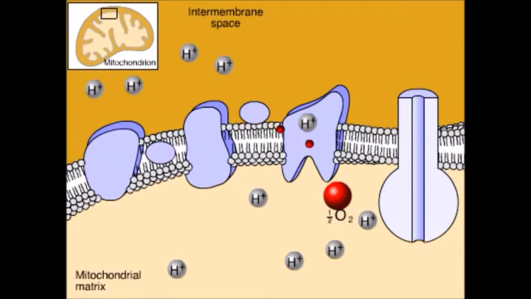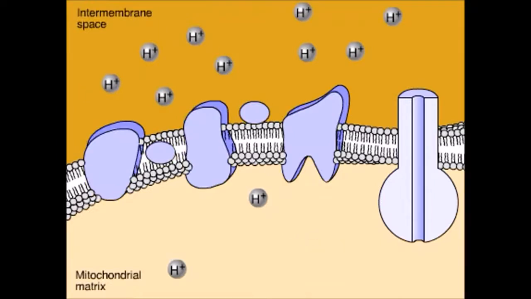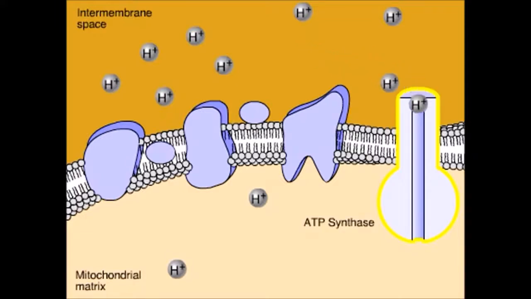Oxygen captures the electrons in the very last step in electron transport. The last complex adds a pair of electrons to an oxygen atom and 2 hydrogen ions, forming water. The electron transport chain has used the energy of moving electrons to pump hydrogen ions into the intermembrane space. This buildup of hydrogen ions, like water behind a dam, stores the potential energy that was originally in the bonds of glucose molecules. The backed-up hydrogen ions give up their energy when they diffuse through a special protein complex in the membrane called ATP synthase.